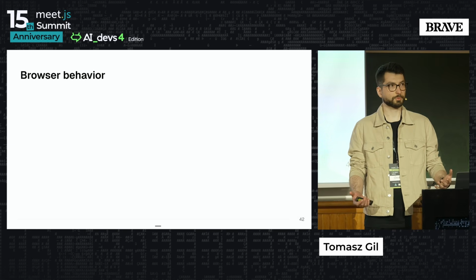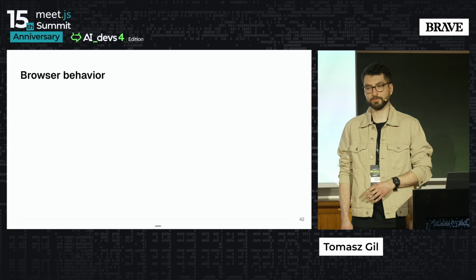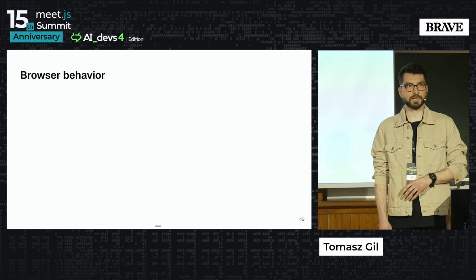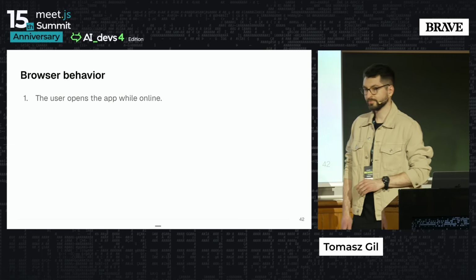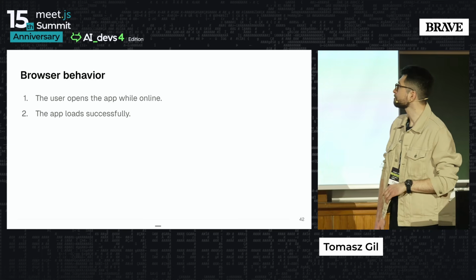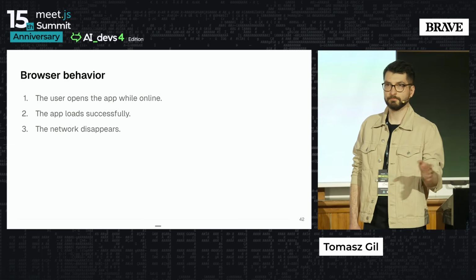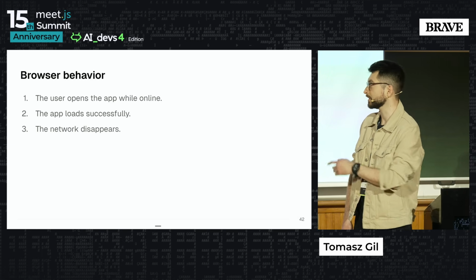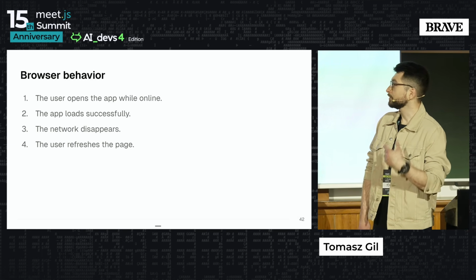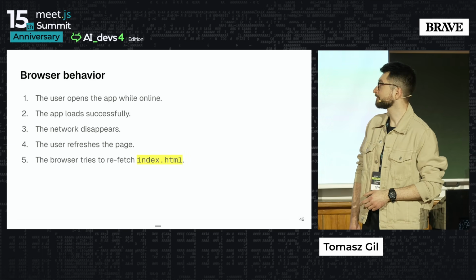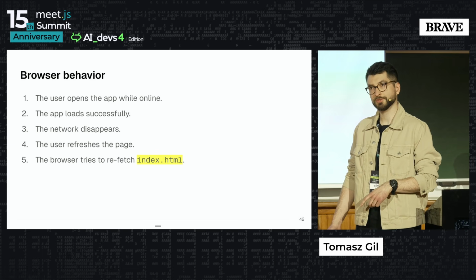And we have to start where we're at, and that's the default browser behavior. I bet you've experienced it at some point, but let's go over that real quick. So you open the app, it loads successfully, then the network disappears. Maybe you're on a train or on a construction site for that matter. You try to refresh the page. The browser tries to refetch index HTML.